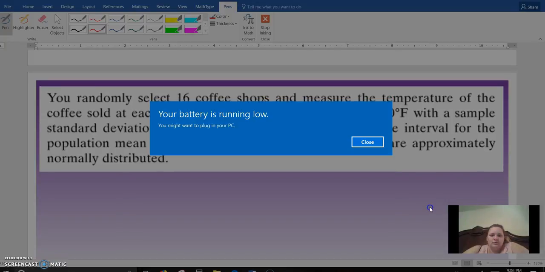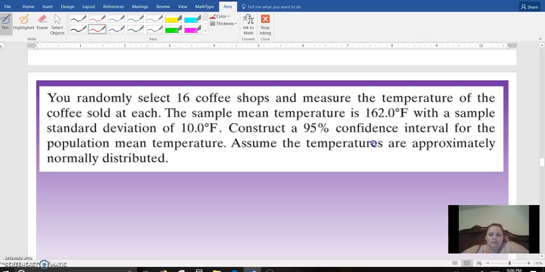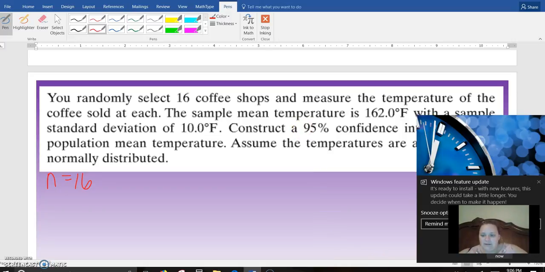All right, so we select 16 coffee shops. So n is 16. That's nice.